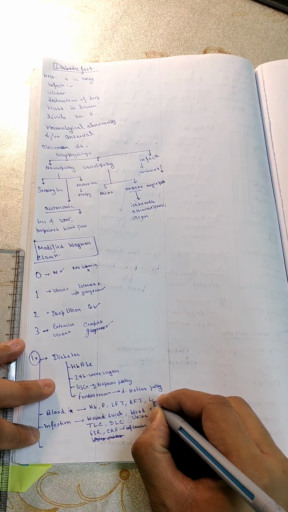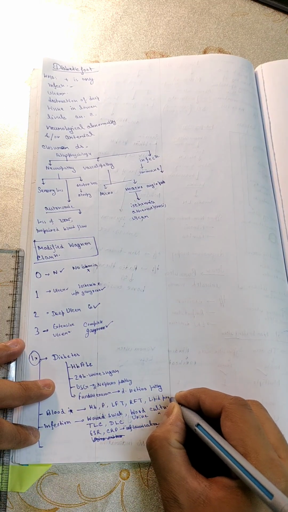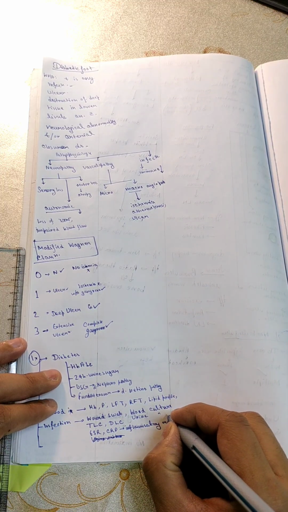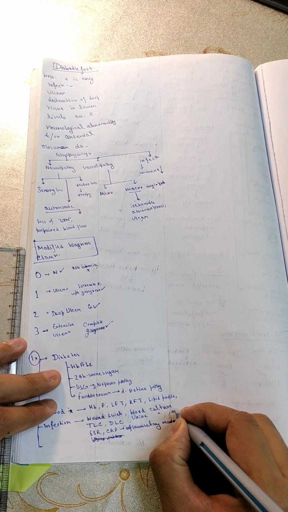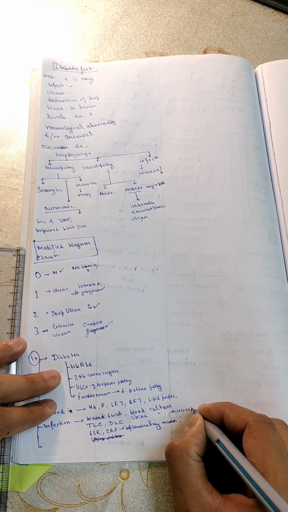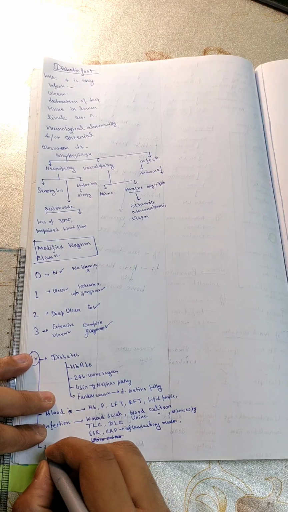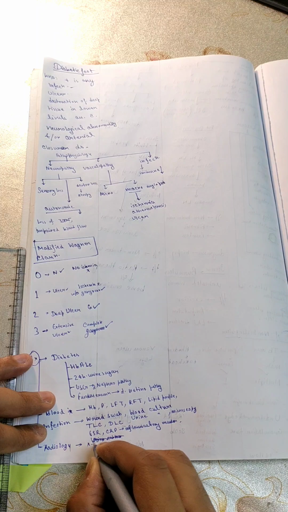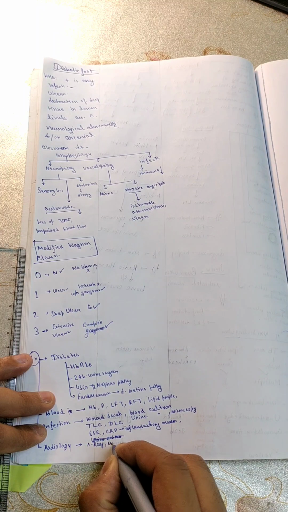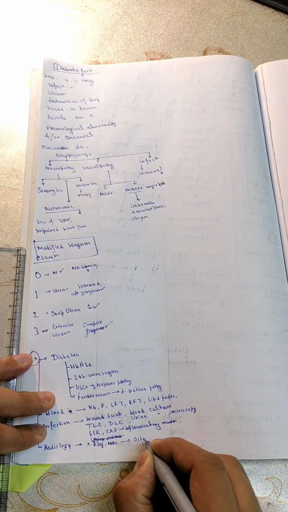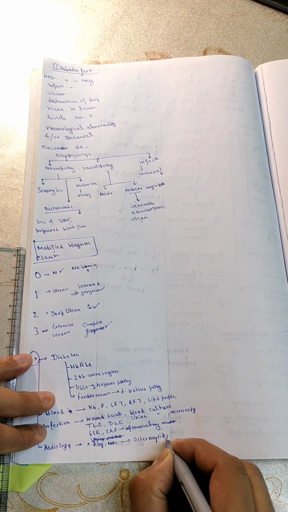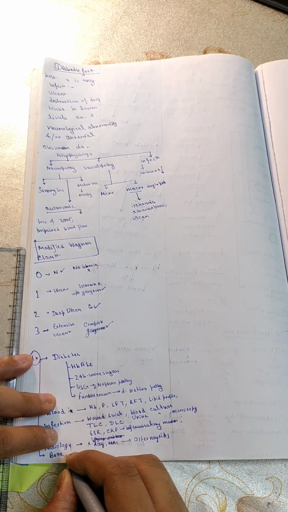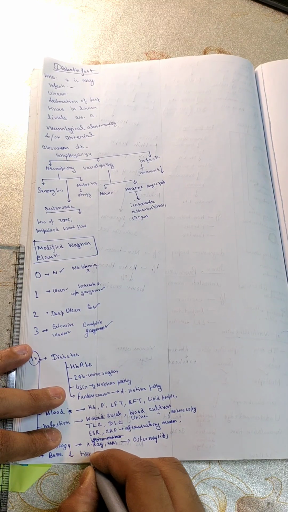I have lipid profile, and urine culture and microscopy is also there. Next, in radiology, I have X-ray, MRI for osteomyelitis. And obviously at the end I have bone biopsy, bone and deep tissue biopsy.